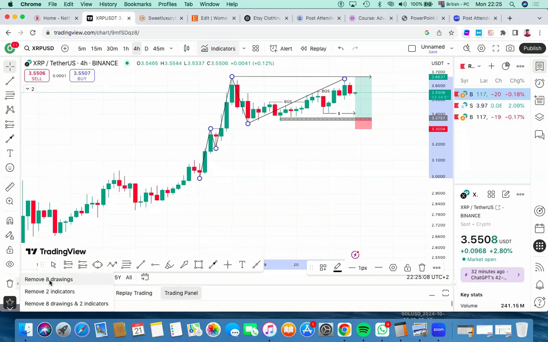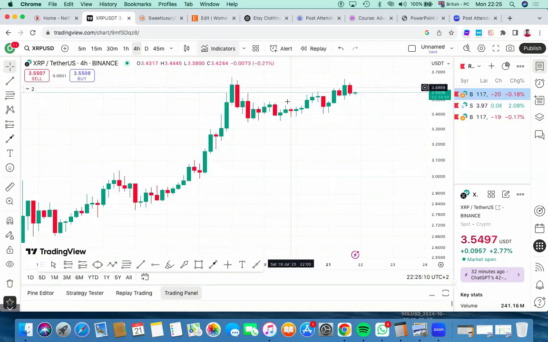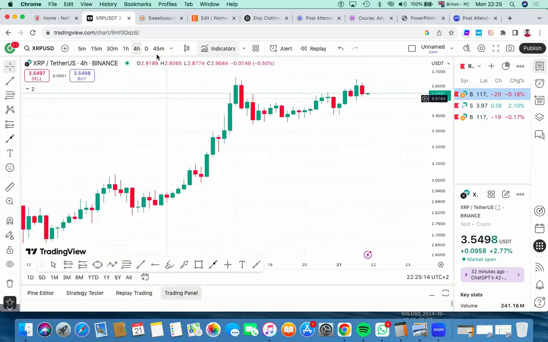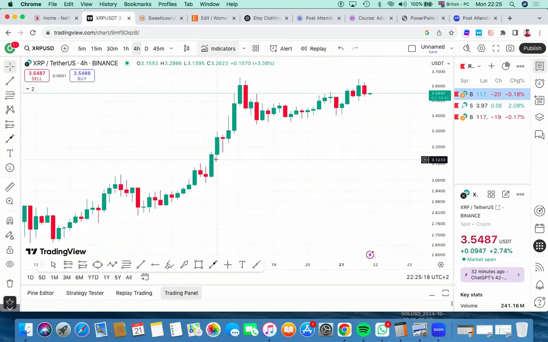Just by being able to spot institutional candles, okay? Here I'm trying to add indicators on my chart, but it's asking me to upgrade my account and all of it.